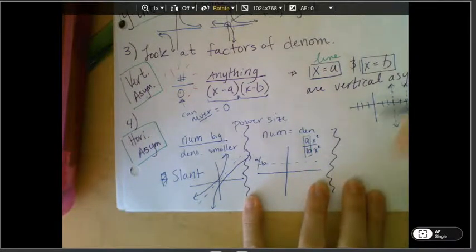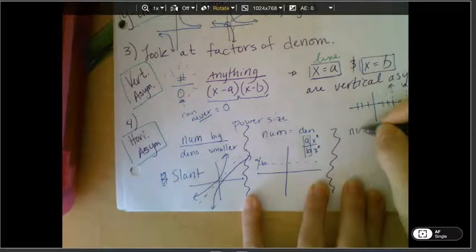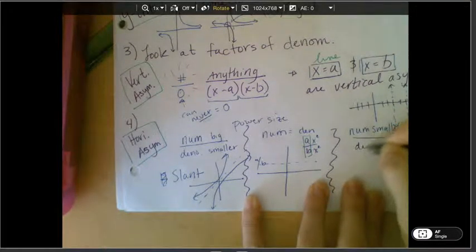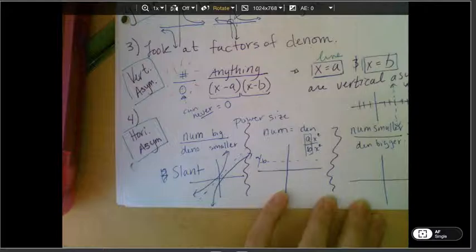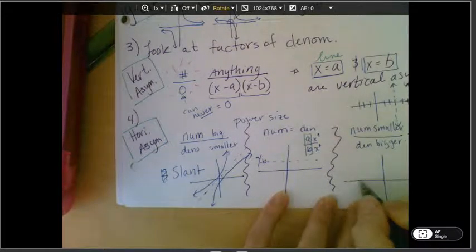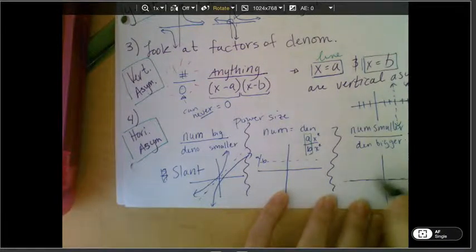And then we have where the numerator is smaller and the denominator is bigger. Again, flip back, play with that Desmos stuff. One will always approach 0. So maybe it's got a horizontal that way and a vertical this way.